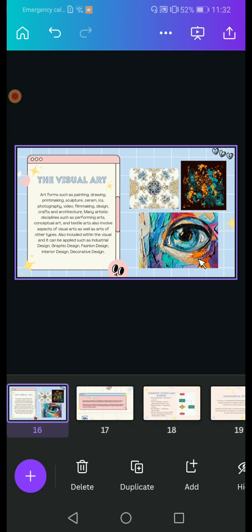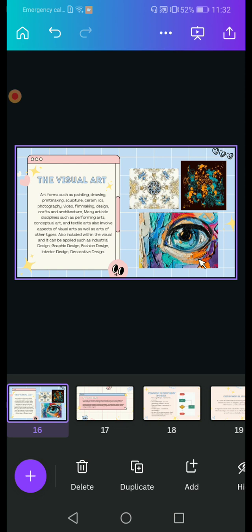And the visual arts. Art forms such as painting, drawing, printmaking, sculpture, ceramics, photography, video, filmmaking, design, crafts, and architecture.